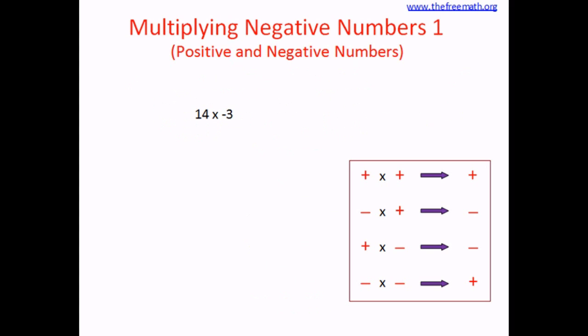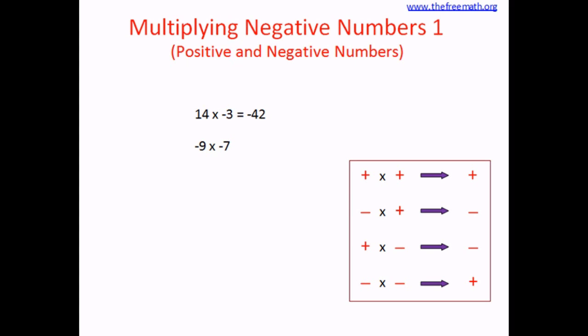So let's solve some practice problems. The first one is this: 14 multiplied by negative 3. 14 3s are 42, and since we are multiplying one positive and one negative number, the product will take a negative sign, so the answer is negative 42. Negative 9 multiplied by negative 7. 9 7s are 63.